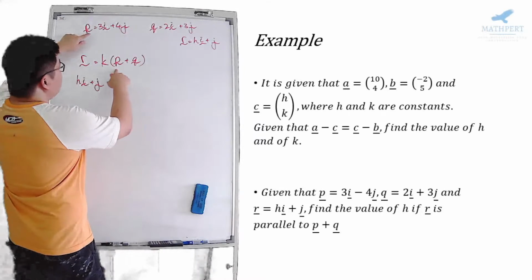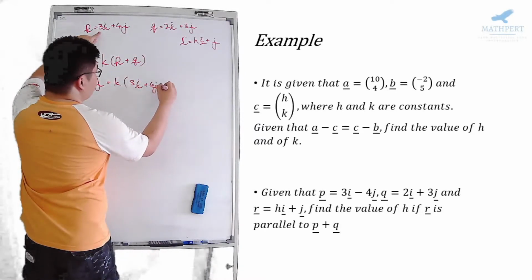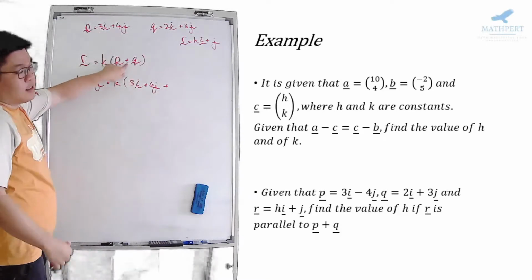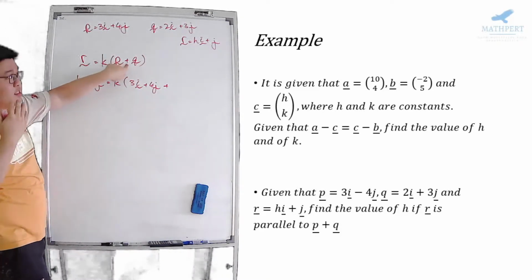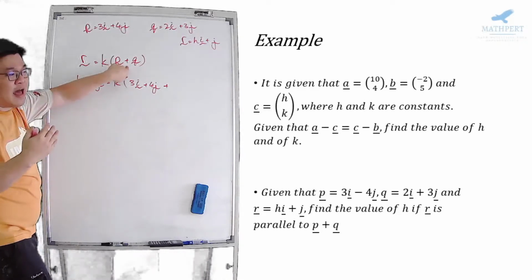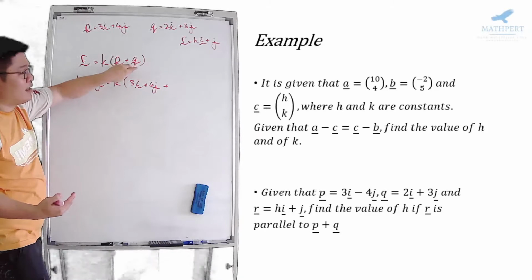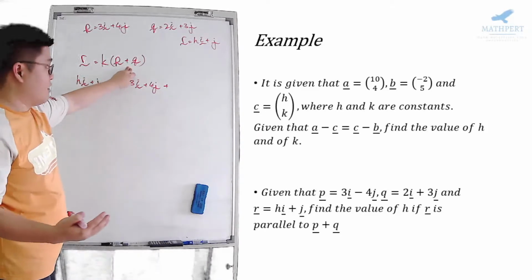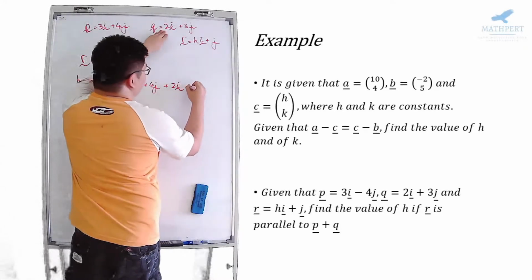So P is 3i plus 4j plus Q, which is 2i plus 3j. This is a plus, so it will not affect our plus and minus sign, so we can ignore the bracket.